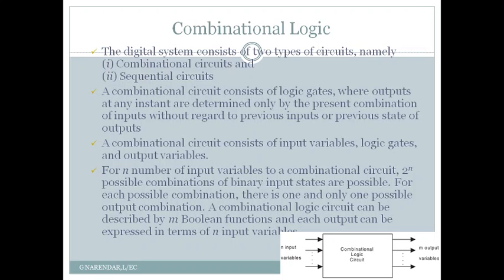So basically a combinational circuit consists of logic gates, where it doesn't consist of any memory, but only logic gates.